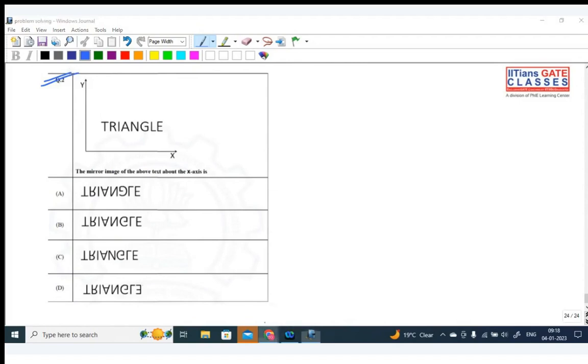So what you have to find here is, guys, the water image. Okay. So T means this. R. Okay. R will be what? In case of water image, what happens? Vertical. Okay. So this is going to be like this, right?